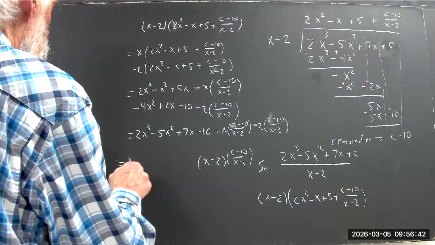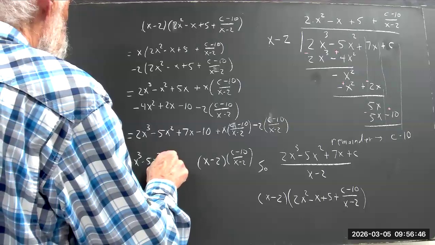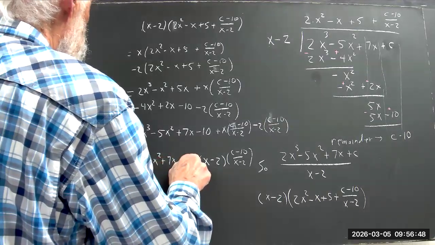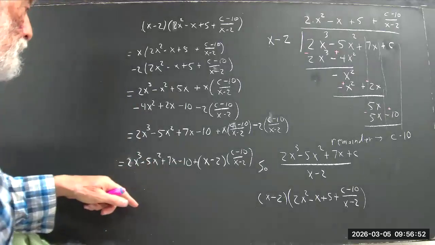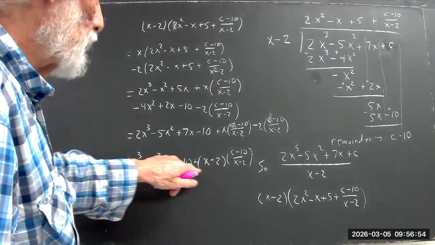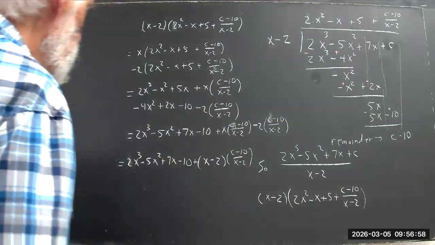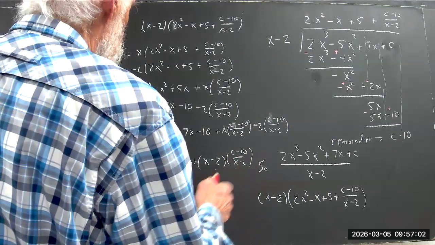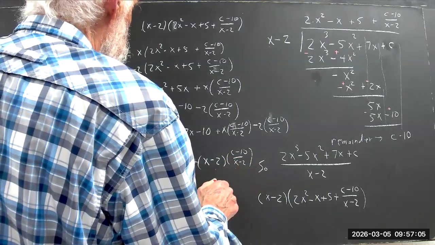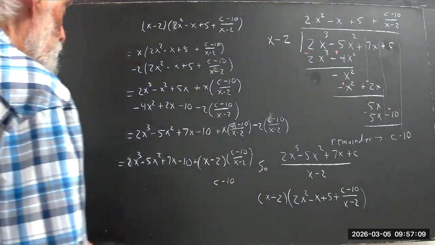And of course, we have our 2x cubed minus 5x squared plus 7x minus 10 as well. And that'll be plus x minus 2 times (c minus 10) over (x minus 2). Of course, now x minus 2 multiplied by (c minus 10) over (x minus 2) just equals c minus 10.